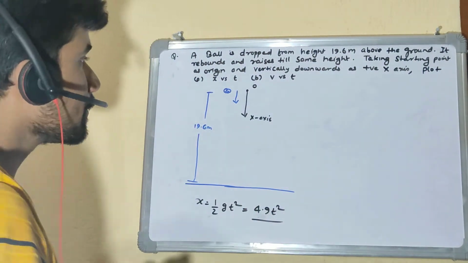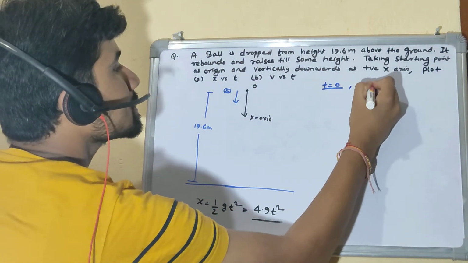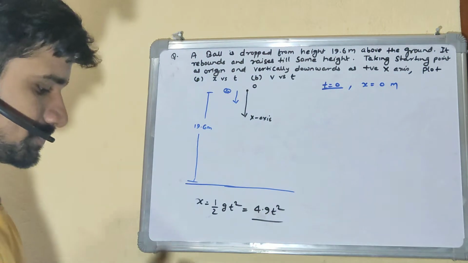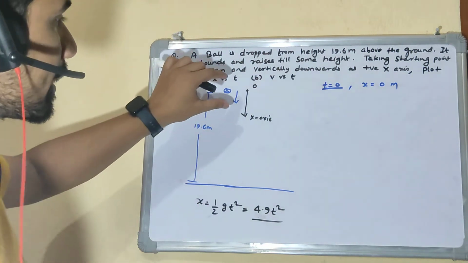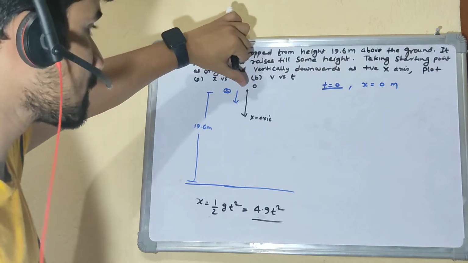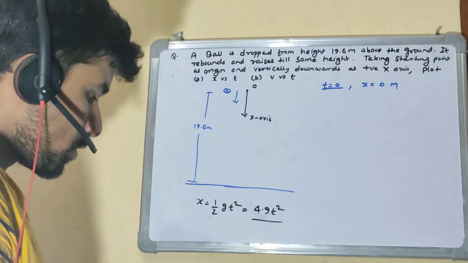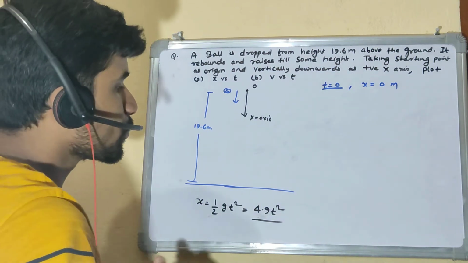If I talk about t equal to 0 seconds, x is 0 meters. Initially it is at the origin. This is my origin for this question. What about at t equal to 1?